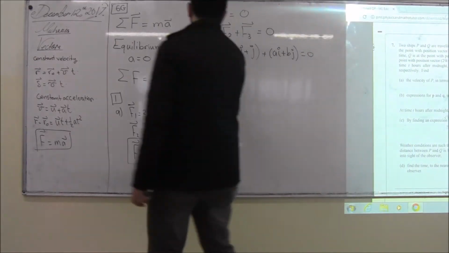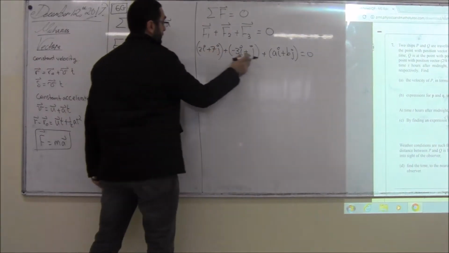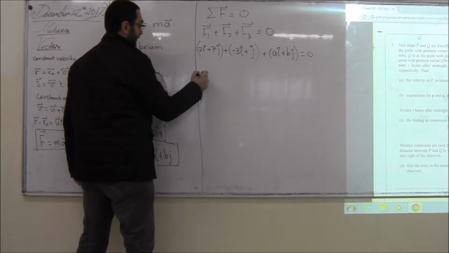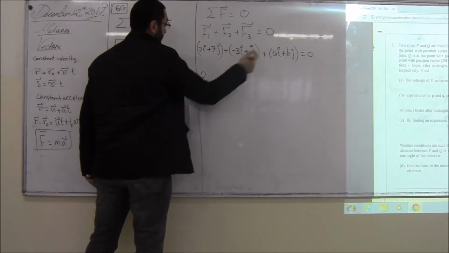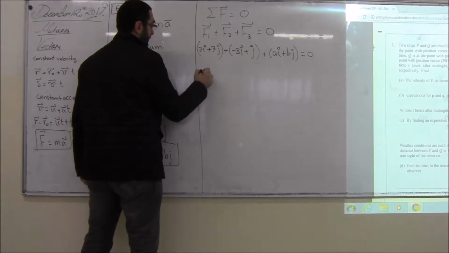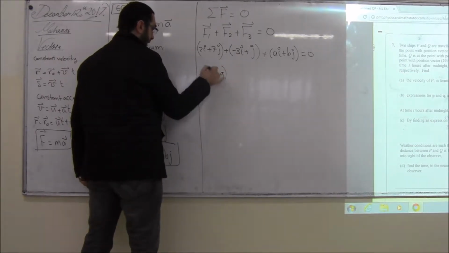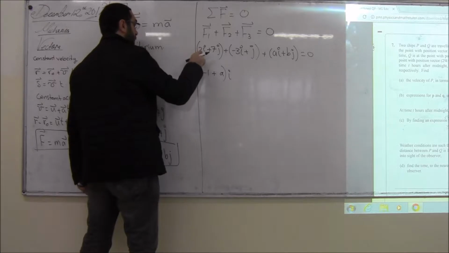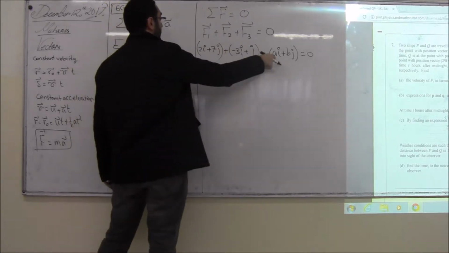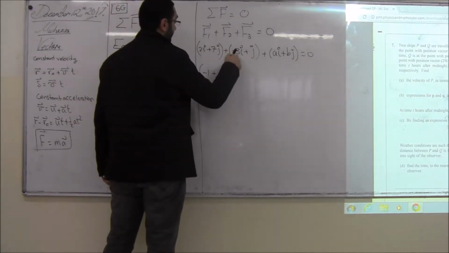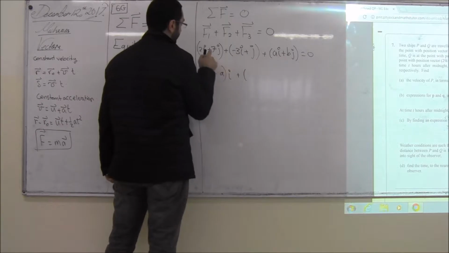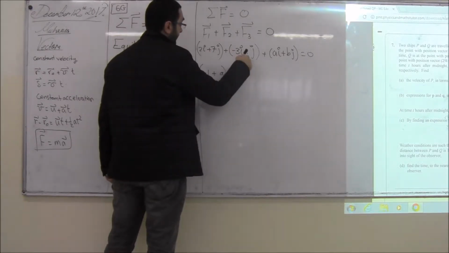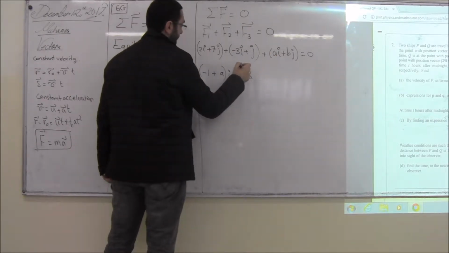Let's add the coefficients of i together, and the coefficients of j together. 2 minus 3 plus a, negative 1 plus a, i, plus 7 plus 1 plus b, 8 plus b, j.